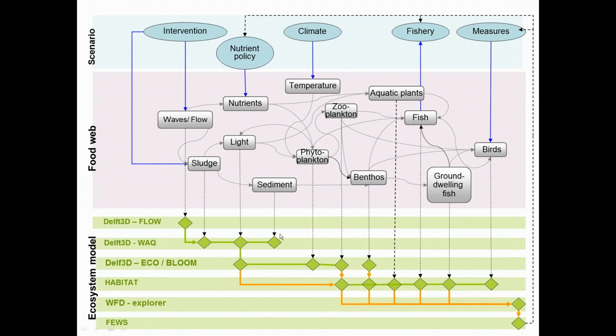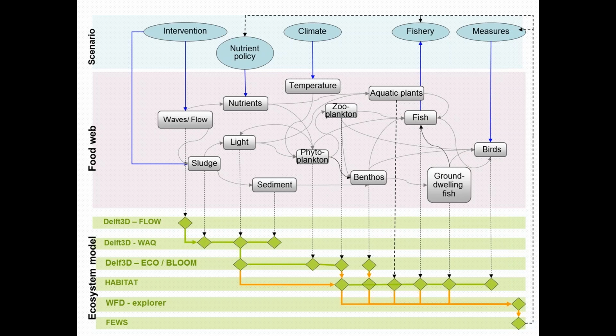The lower part of this figure indicates how all of this is dealt with in our modeling system. And we have chosen not to do this in one big overall global model, but we employ a system of coupled models.